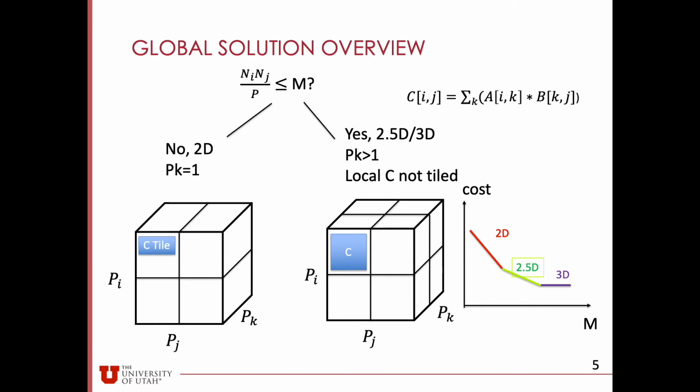This schema is shown as the right part of the figure, and it is equivalent to the 2.5D plus 3D MATMUL algorithm. Inside this branch, if the local memory is larger than some point, the solution we derived will always stay on the 3D algorithm. Otherwise, it will stay with the 2.5D algorithm.